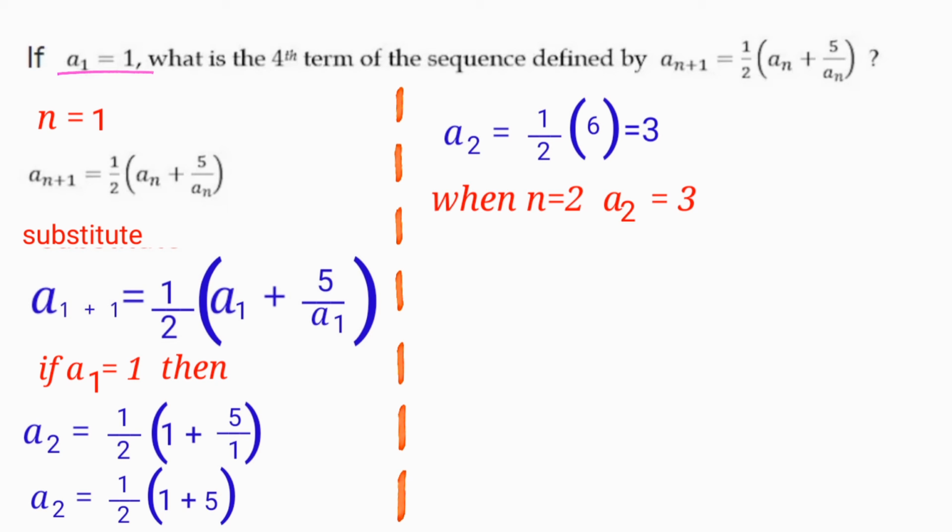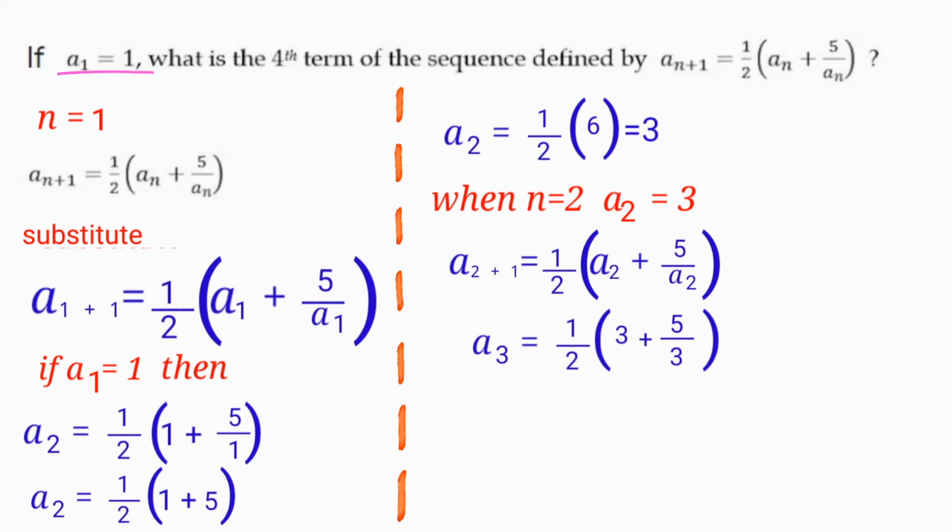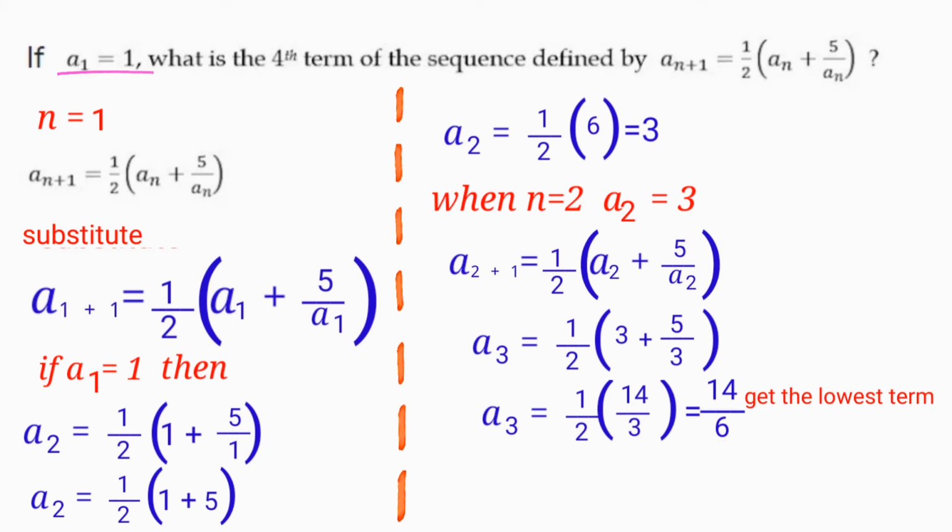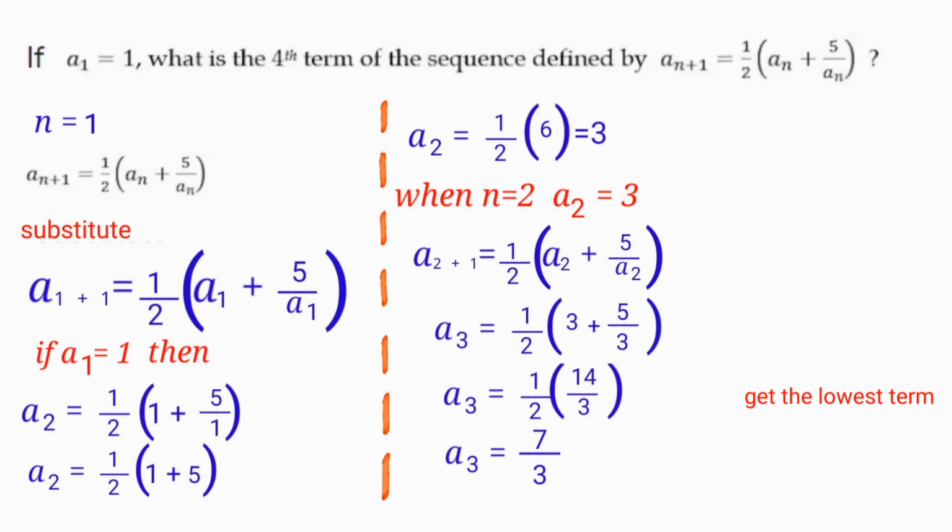When n is equal to 2 and a sub 2 is equal to 3, then a sub 2 plus 1 is equal to 1/2 times the quantity a sub 2 plus 5 all over a sub 2, which is equal to 1/2 times the quantity 3 plus 5/3, which is equal to 1/2 times 14 all over 3. So a sub 3 is equal to 7/3.